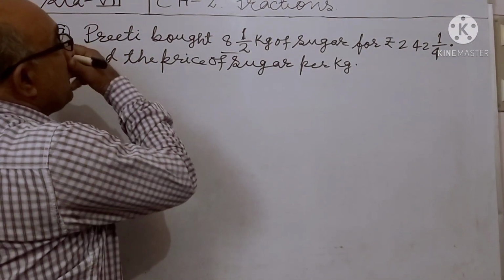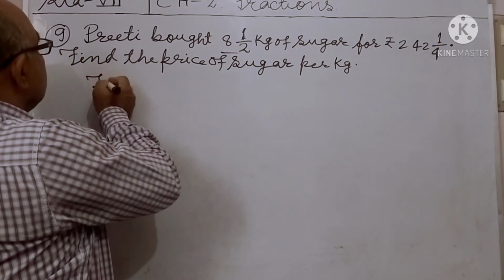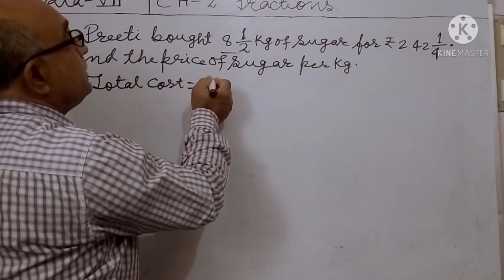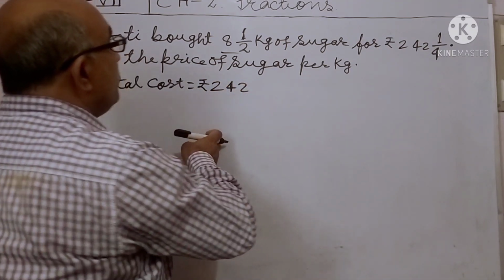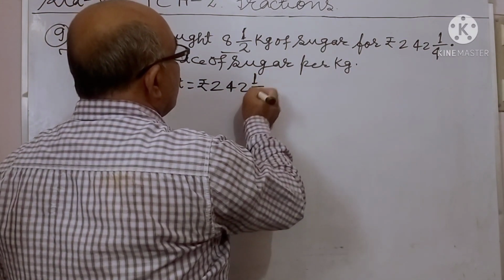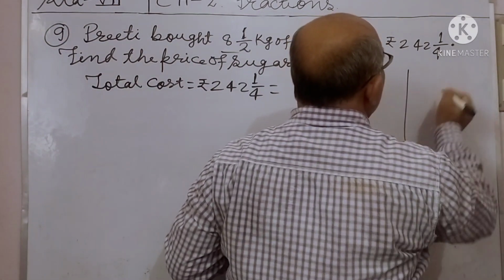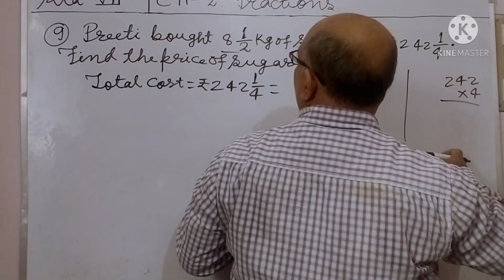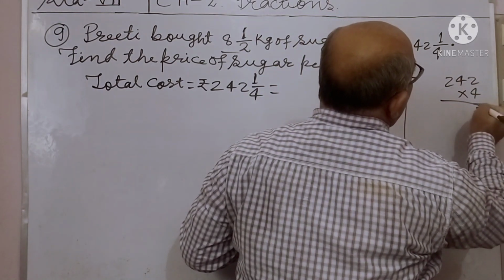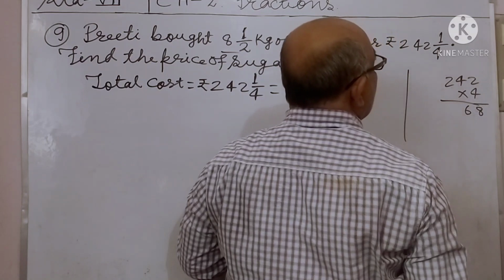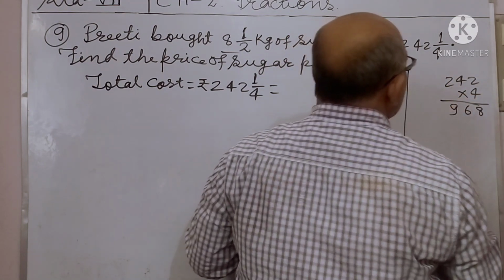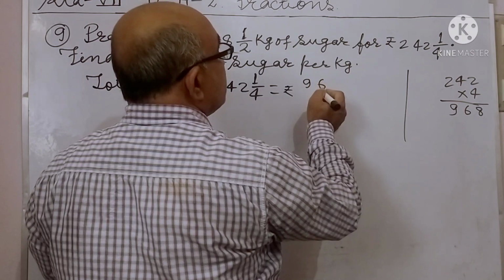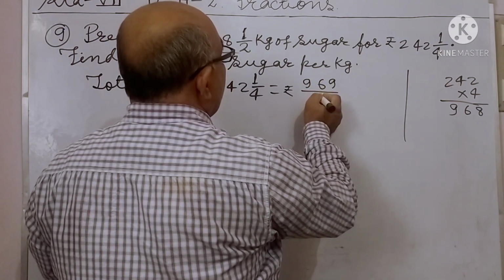So total cost equal to rupees 242 whole 1 by 4. 242 times 4 is 968, plus 1 is 969. So 969 by 4 rupees.